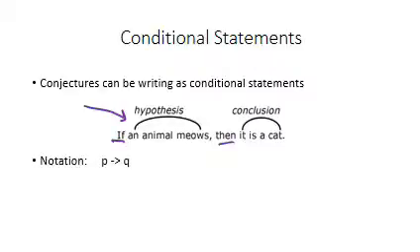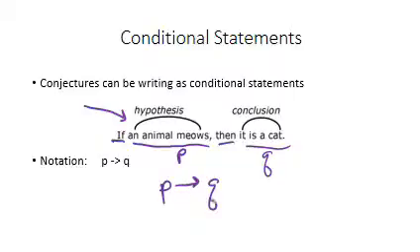So we can also use mathematical notation. So what we do is we say, all right, let's call this hypothesis P. And I can choose any letter I like. I'm choosing P here, and I'm going to use another letter, Q, for my conclusion. So another way to write all these words is to say P, using an arrow, Q. And we read that P implies Q. It's just a shorthand instead of writing out all these words, because that's too much work.